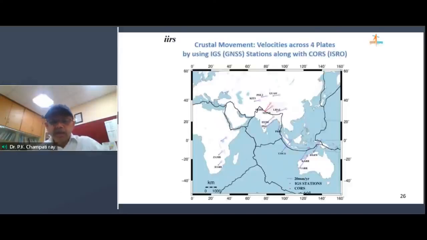And what does it show? Our data vis-a-vis the data from the surrounding plates. All the data has been analyzed, and it shows some kind of a translational motion, and this is in absolute terms, with respect to the global framework.